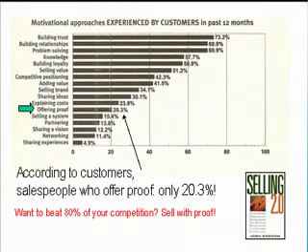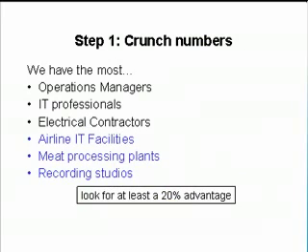Let's take a step back and see how we can use BPA data on a sales call to prove an idea. First of all, I think what you have to do is sit down and crunch the numbers. Just figure out what circulation advantage you have over your competition. And I think if you have a 4% or a 7% advantage in a circulation category or a job title, that's really not going to do it.